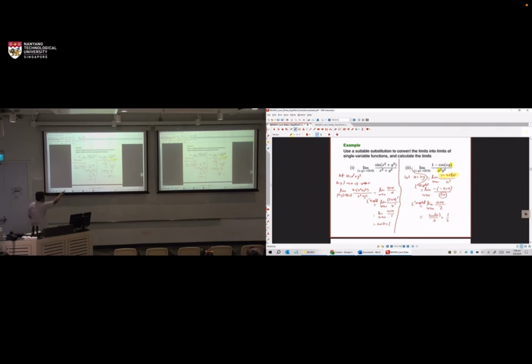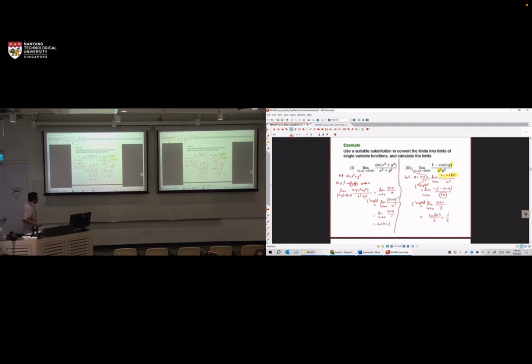So when you let u equal to x squared plus y squared, your (x, y) approaches (0, 0), that implies u approaches 0.